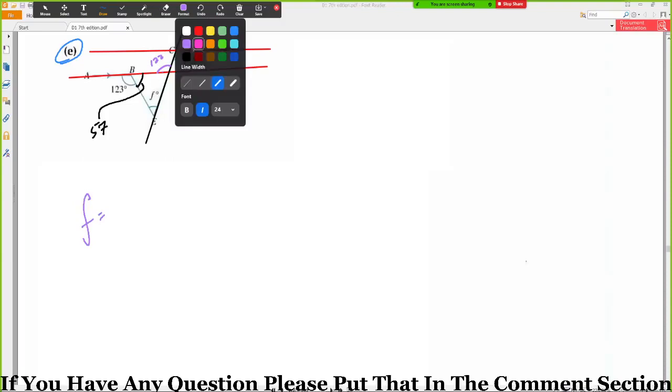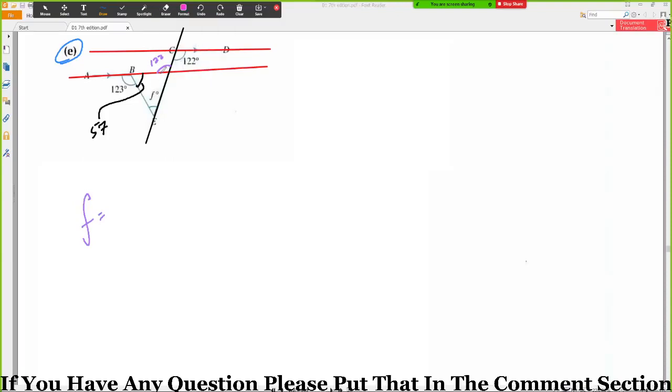Now you will need to find this angle, and that should be equal to total angle, half circle बन रहा है, 180 is equal to unknown plus 122. Unknown is equal to 180 minus 122, equals 58. So it means that this angle will be equal to 58.